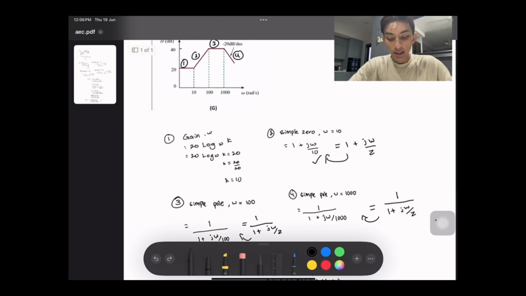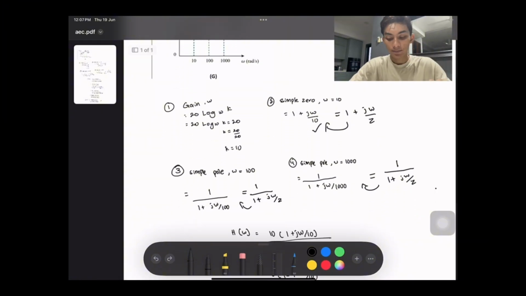So the second line will be a simple zero with the omega value of 10. The simple zero formula will be 1 plus j omega over z. So the z will be changed to the omega, which is 10. So the value is 1 plus j omega over 10.